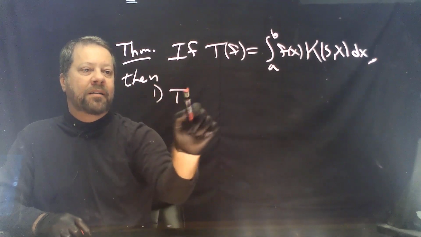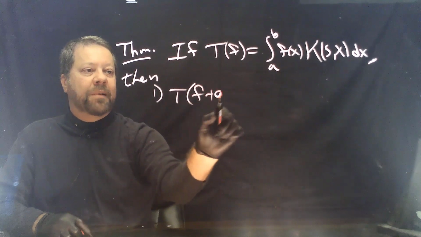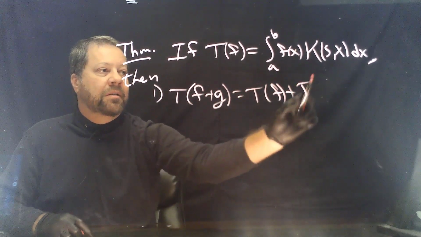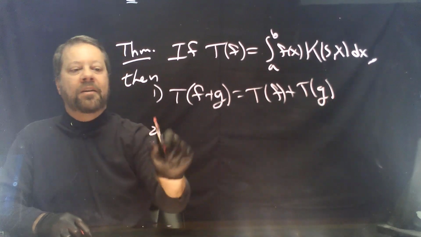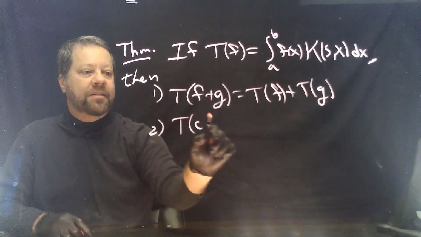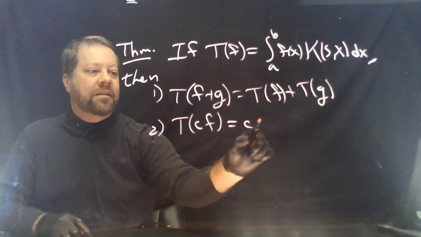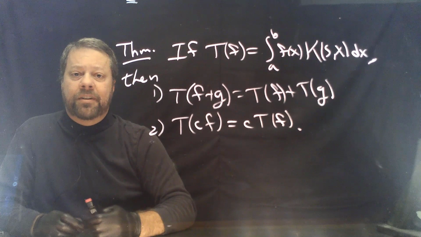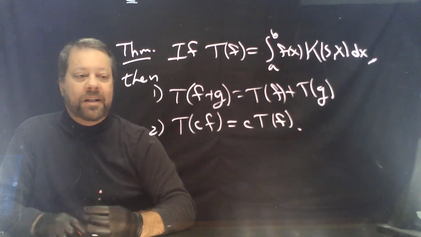Then one, t of f plus g is t of f plus t of g, and two, t of a constant times f is a constant times t of f, the two properties of a linear transformation. And this is pretty easy to see.